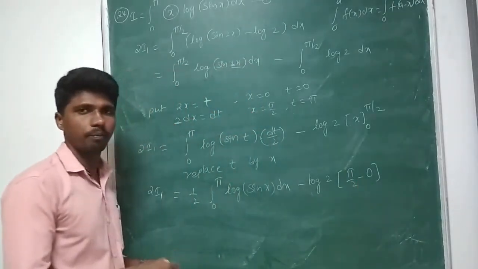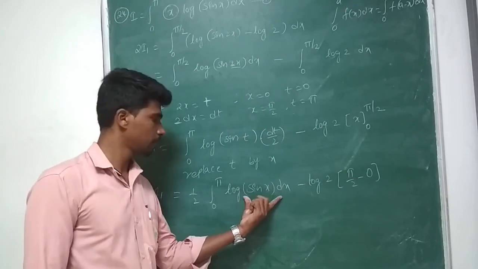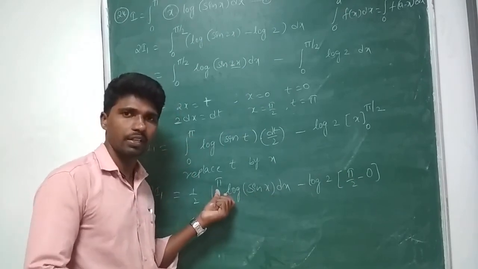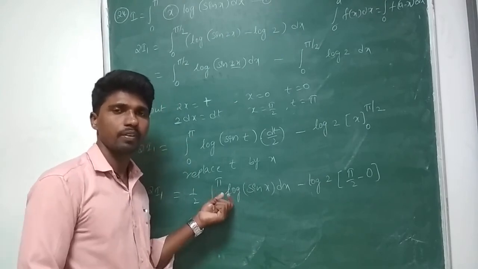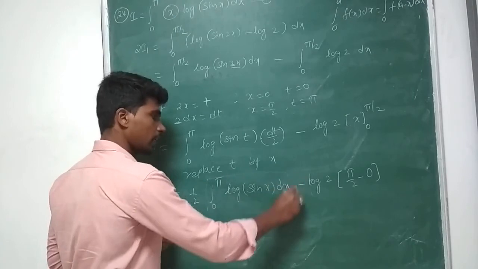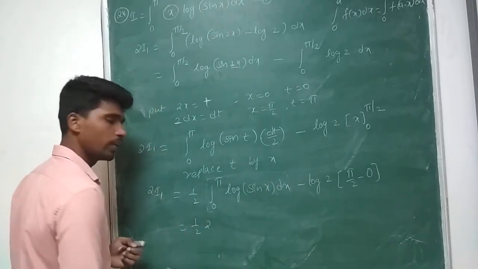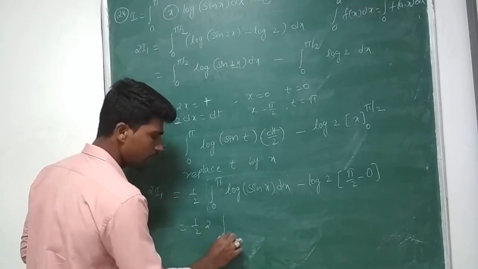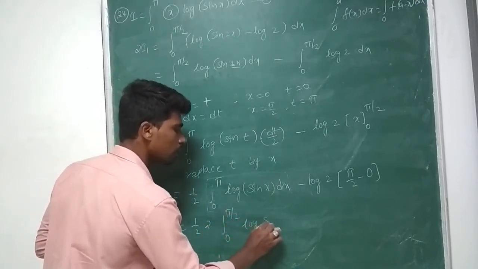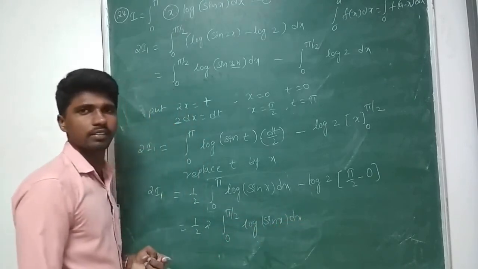Just recall, integral 0 to pi log sin x dx is in the form integral 0 to 2a. We already did this in the beginning. So I can write it as 2 into integral 0 to pi by 2 log sin x dx.